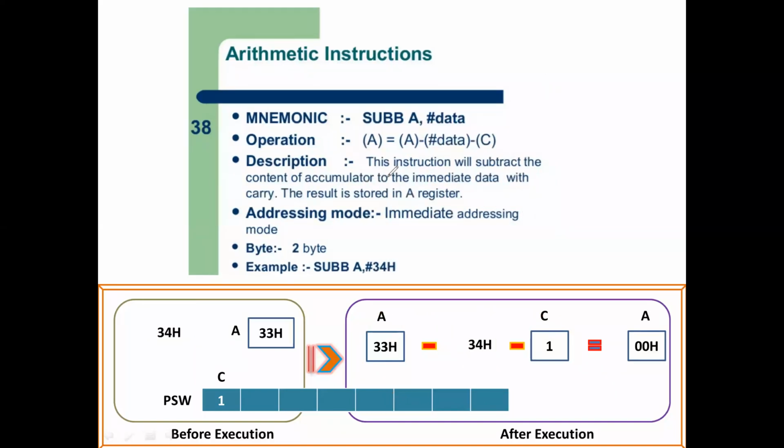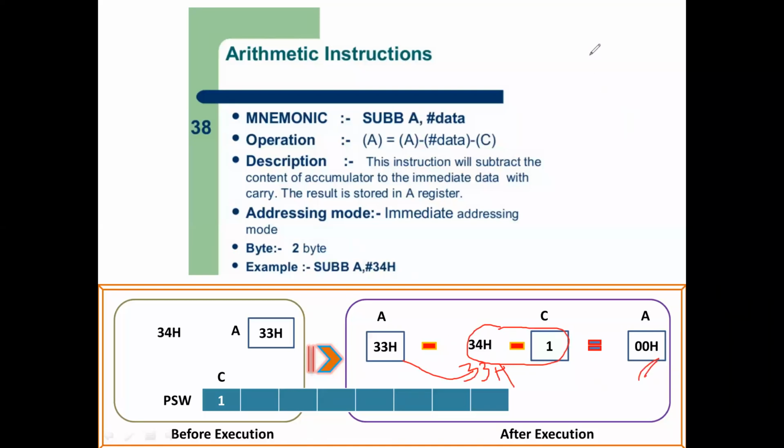The same: accumulator value minus this value minus carry. Let us take the accumulator value as 33 and the immediate data as 34. Initially you subtract these two values, so you will get 00H.